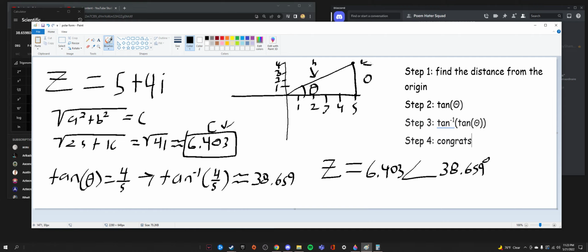So that's essentially how you would convert rectangular form into polar form. There's more complex arithmetic you can do with that, but I'm not going over that in this video. So that's it. Thank you for watching.